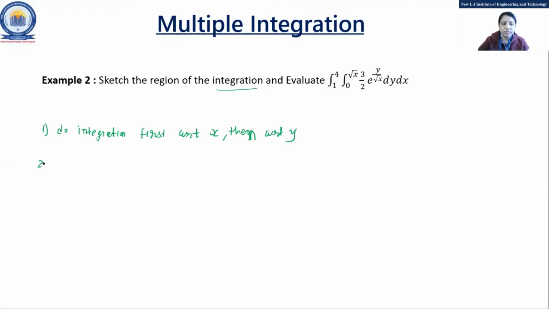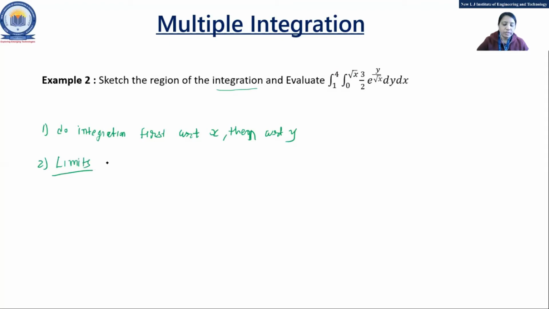So this is the first thing: in which order we are supposed to do the integration. Now we can say that y varies from 0 to root x, and x will vary from 1 to 4. Okay, limits, right?